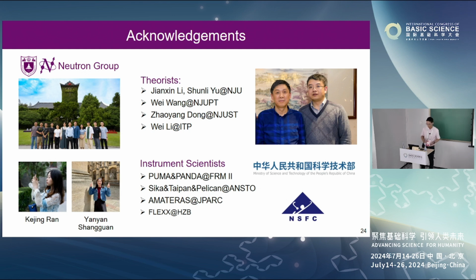We did many neutron scattering measurements, and all these measurements were done worldwide. For example, these spectrometers are located in Germany, these are located in Australia, this is located in Japan, and this is also in Germany.